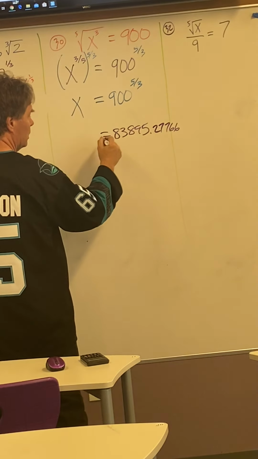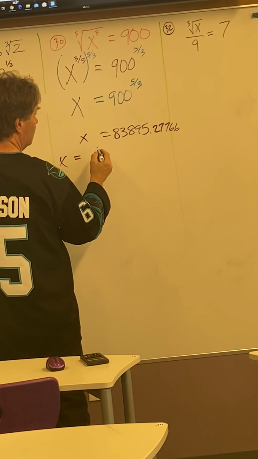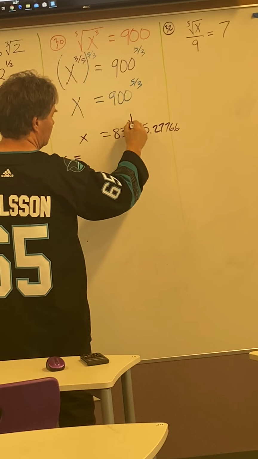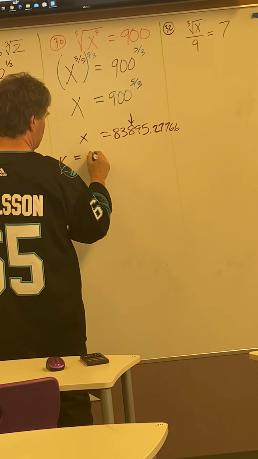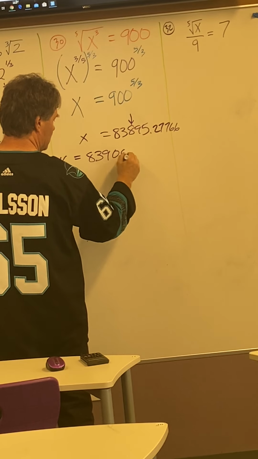Okay, so let's see what that is. To 3 significant digits, this would bump up to a 9, so it'd be 839 and then 2 zeros.